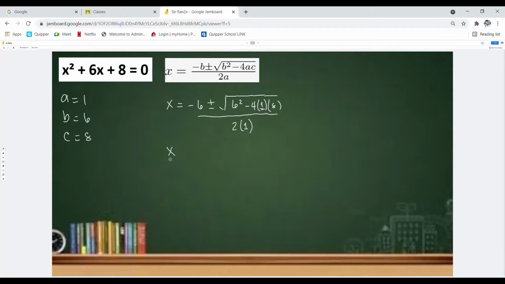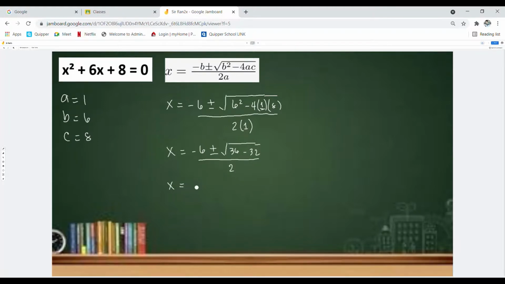So you will now simplify it further. Negative 6 plus minus, simplify the one inside, that's 36. So 4 times 1 times 8 is minus 32. Okay, that's negative 32, so minus 32 over 2, because 2 times 1 is 2.